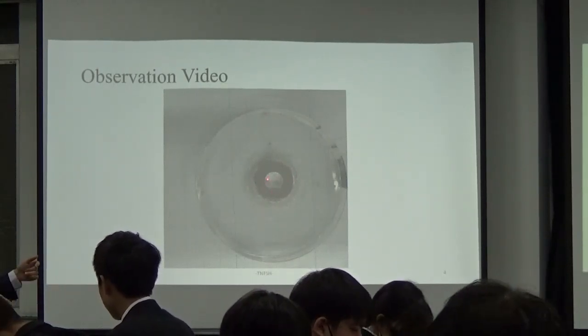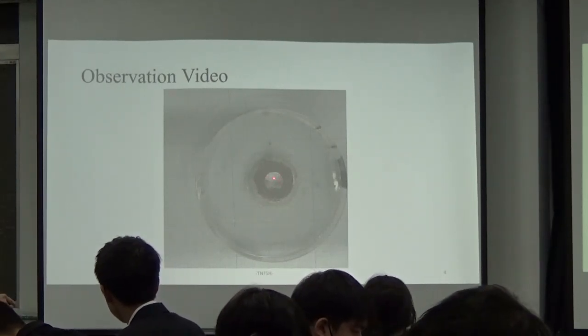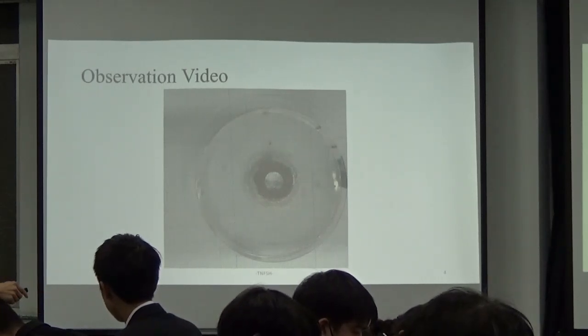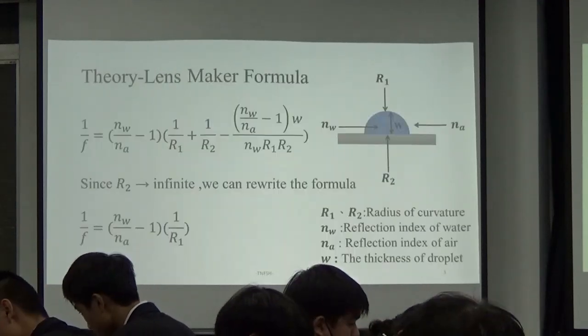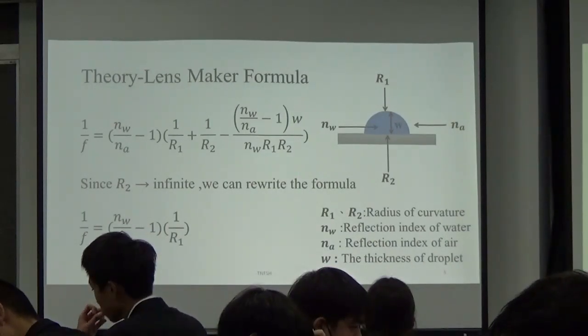So the size of the squares on the graph paper will become larger. Right. So first, we apply the lens maker formula.